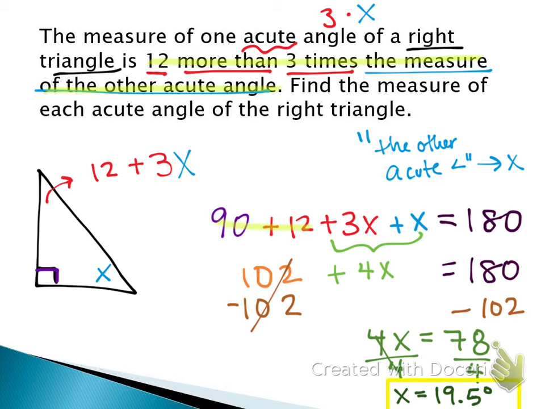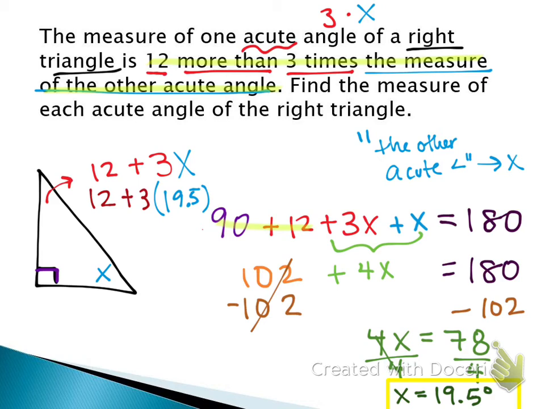So here's how you can check. If you're questioning whether or not that's right, we could plug it in. It says find the measure of each acute angle. So we found one of them. We need to plug it in to find the other. So you could say 12 plus 3 times the other acute angle, which was x, which is 19 and a half.